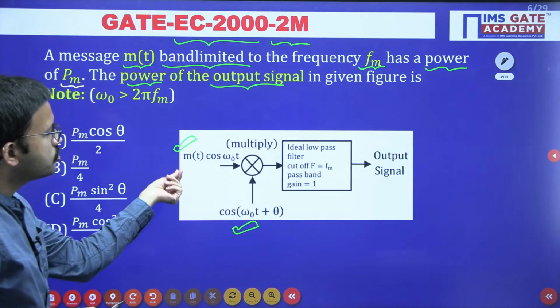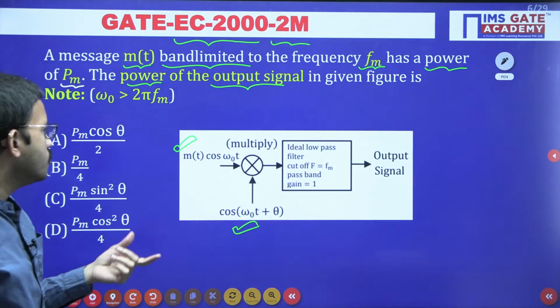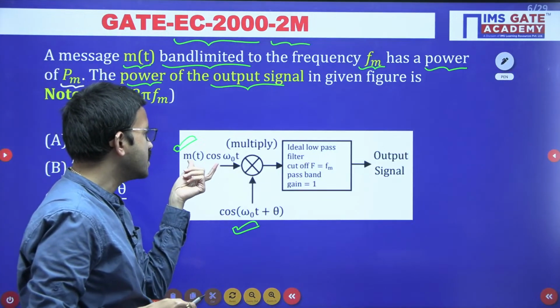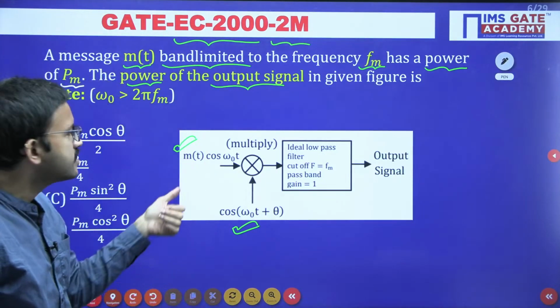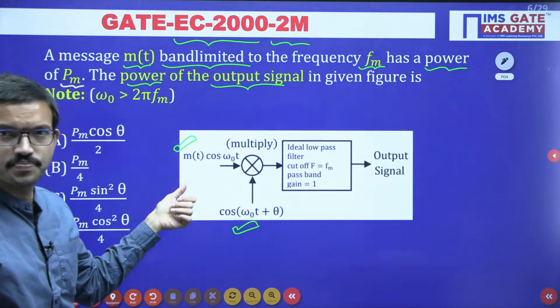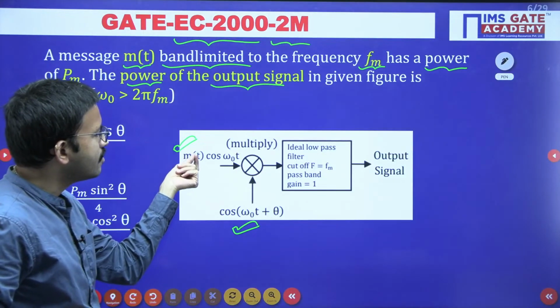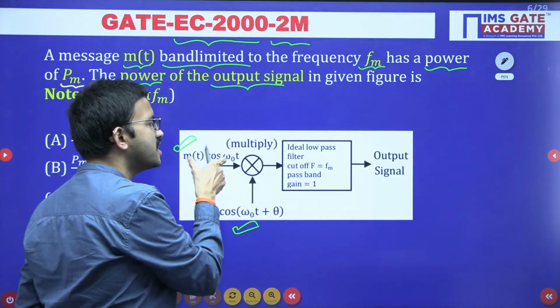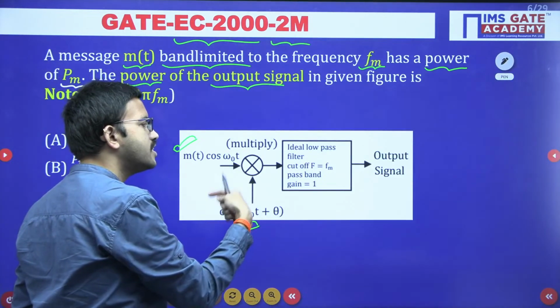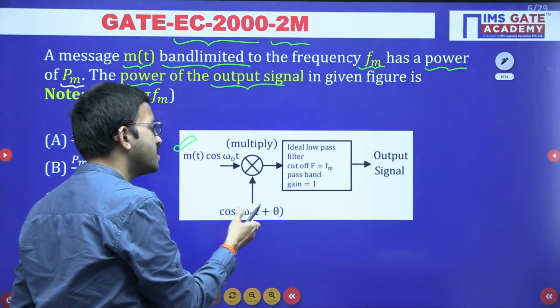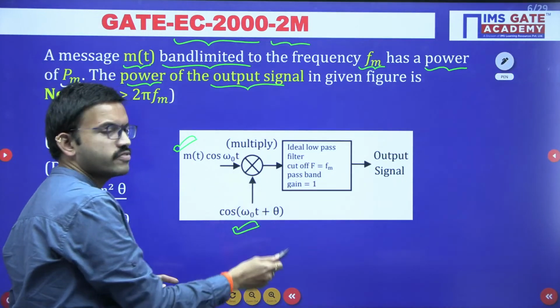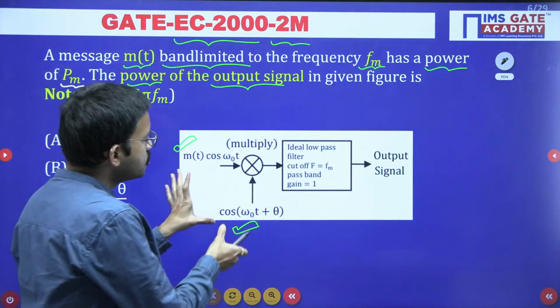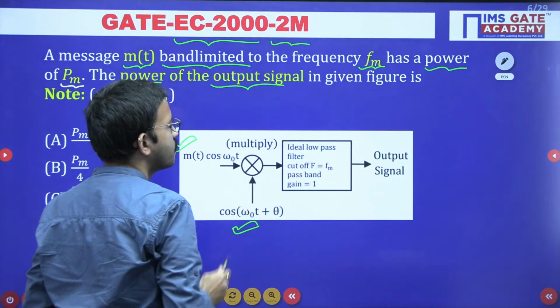So when you look at this particular expression, this is nothing but what? It is the DSB-SC signal, yes or no? You are multiplying the message signal with the carrier signal, that is nothing but DSB-SC signal. At the receiver you are using a carrier signal, but it is having some phase difference, right? So these two signals we have given as the inputs for the multiplier.